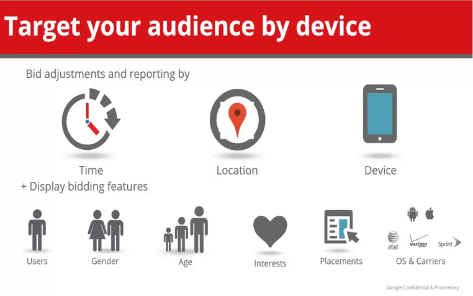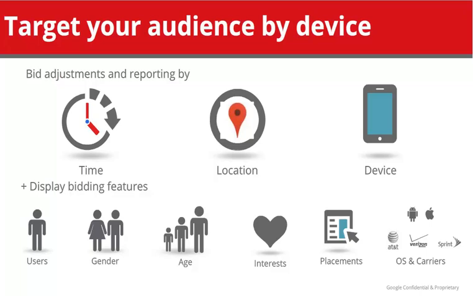Second, you can utilize campaign bid adjustments for enhanced performance. Adjusting bids by time, location, or device. You can even adjust bids for targeting types, such as placements, topics, age, gender, interests, and users, in each ad group with stacked bidding options across the ad group and campaign.